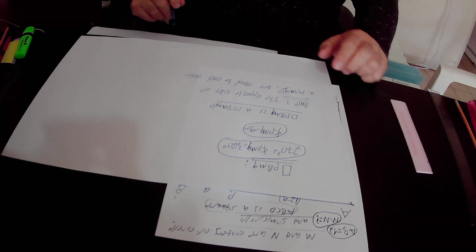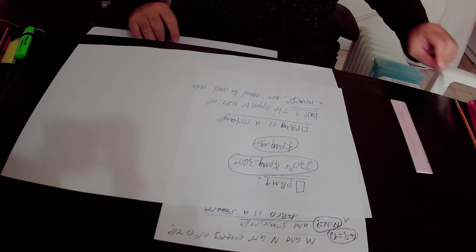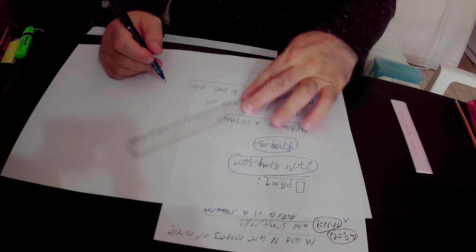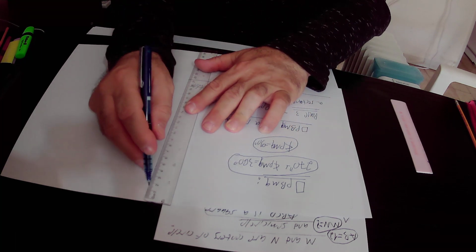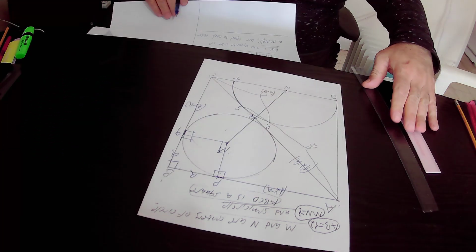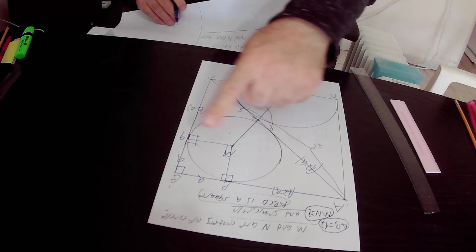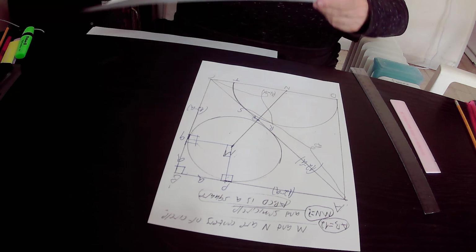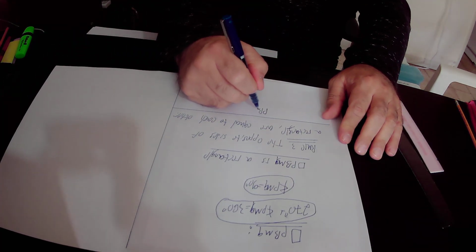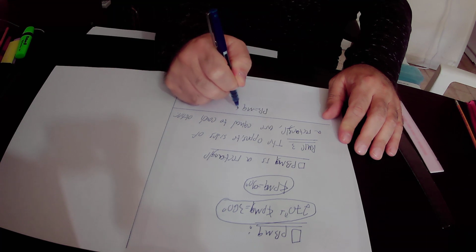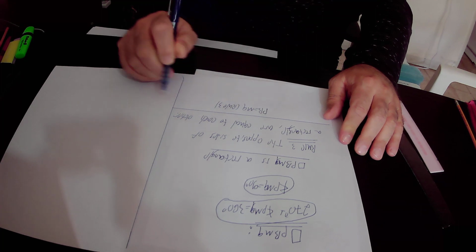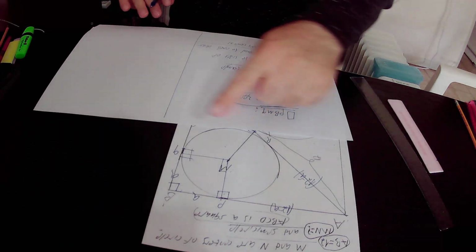I write again, rule number 3, according to rule number 3, the opposite sides of a rectangle are equal to each other. That is to say, in rectangle PBMQ, according to rule number 3, PB equals MQ.